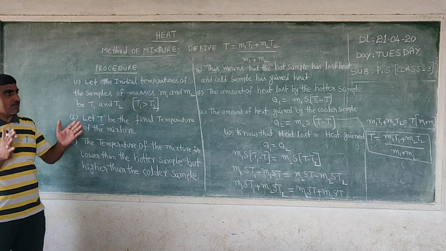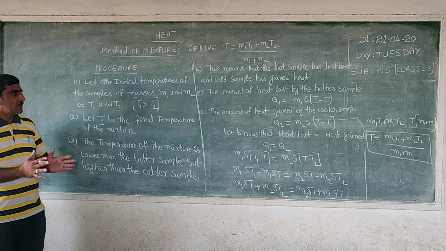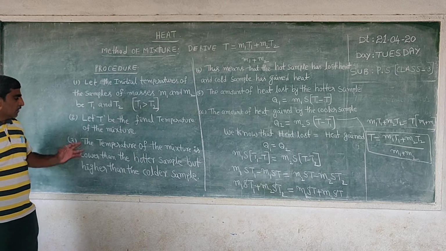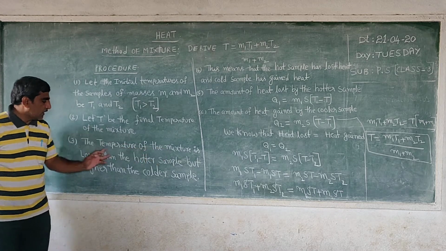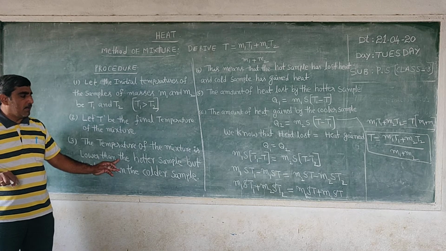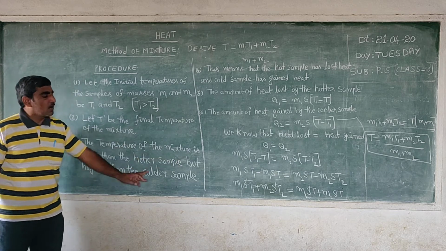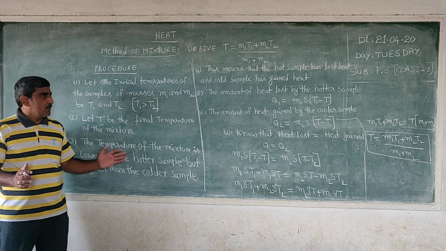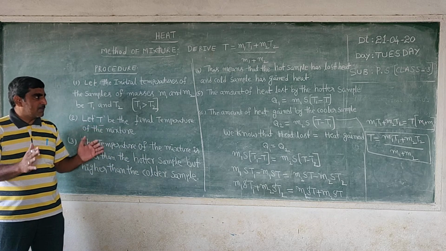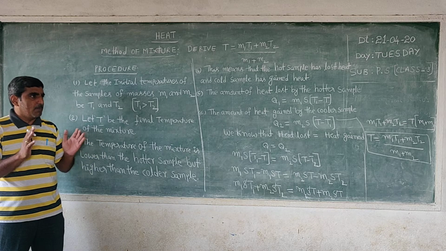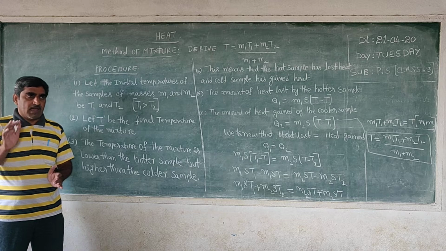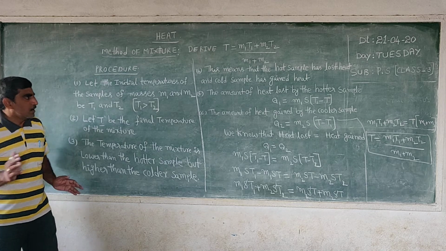These two substances are mixed, and we can find out the final temperature of the mixture. Any two substances at different temperatures can be mixed. The final temperature of the mixture is lower than the hotter sample, higher than the colder sample.